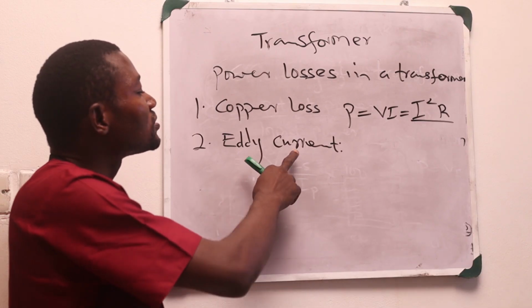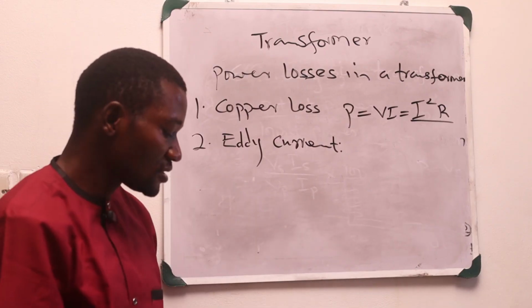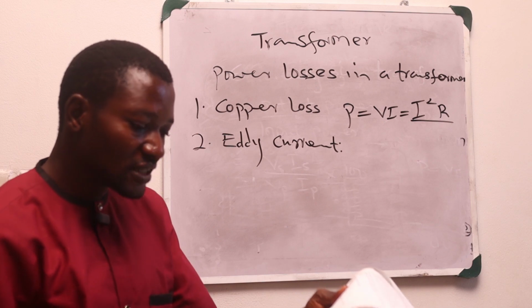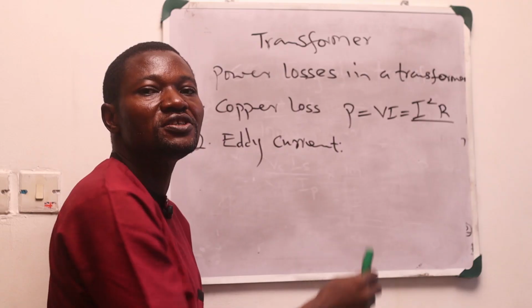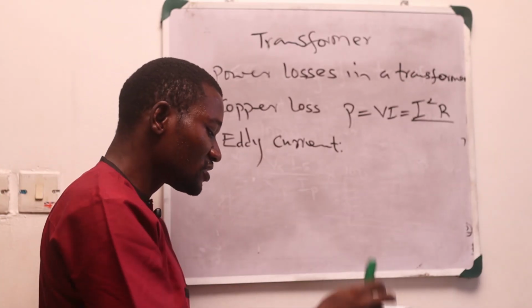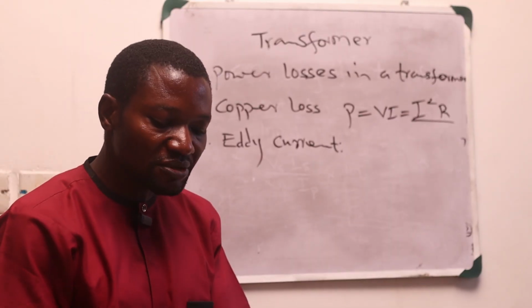So there is some unwanted current in the process. That unwanted current, we call it eddy current. And it is due to the soft iron core that is being used in the transformer. And to reduce this eddy current in a transformer, the coil of the transformer is normally laminated.